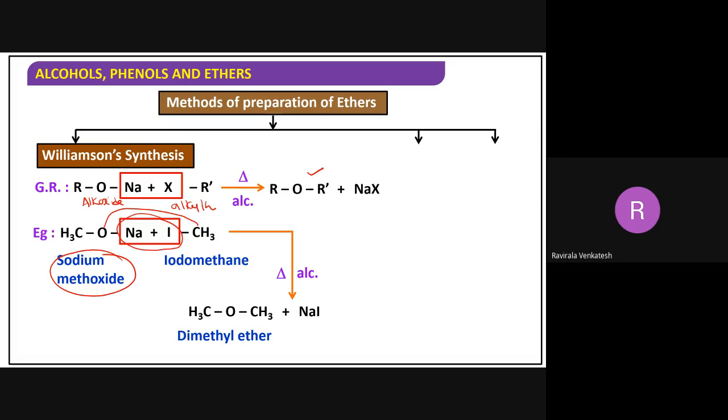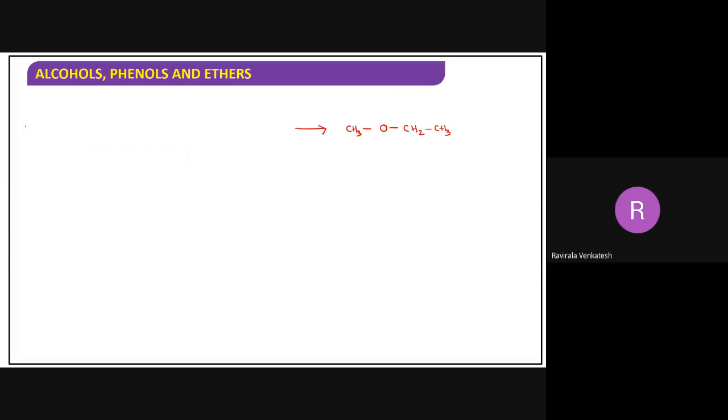So two things are there here. I will show this one. CH3ONa plus this part I am writing chlorine, you can take any halogen, CH3Cl. NaCl is removed. Now these two are joined here. You got this compound. Right? One more I am writing here.